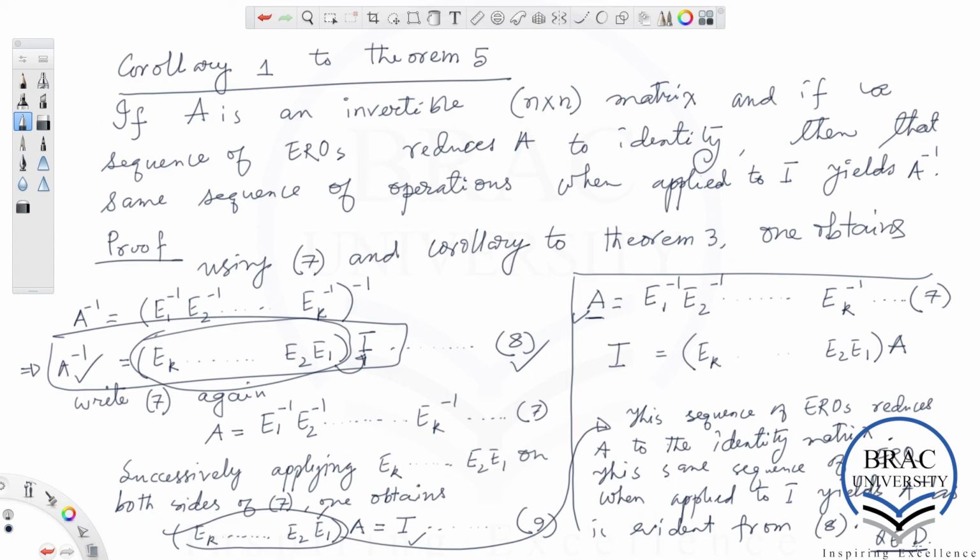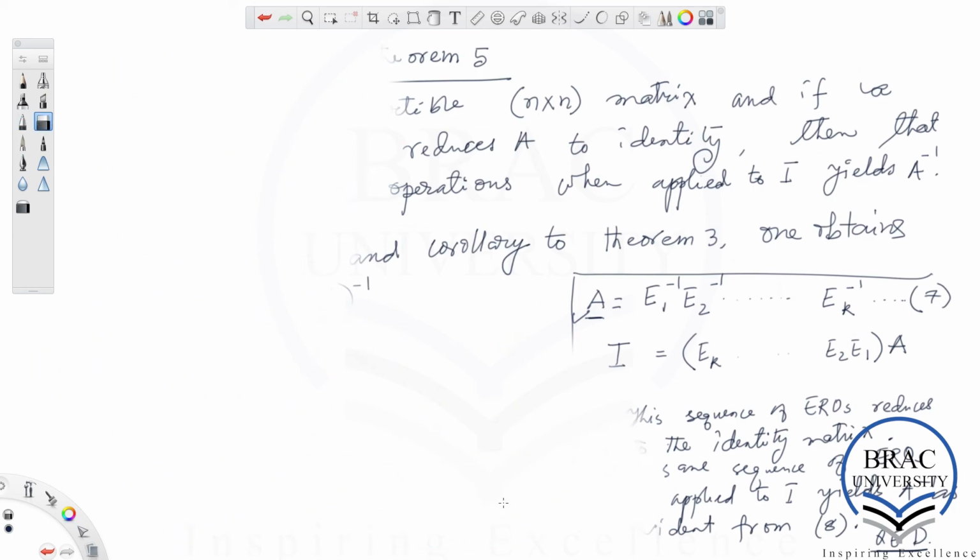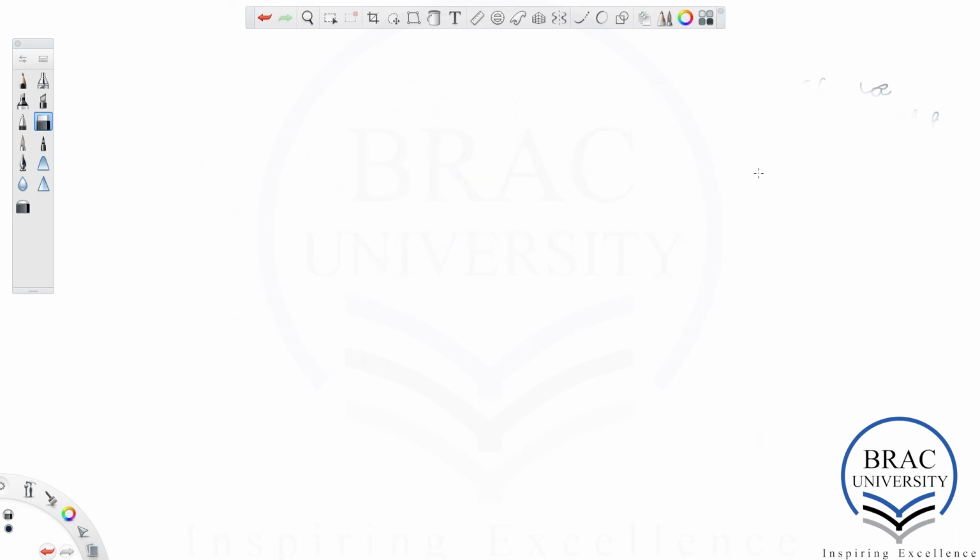Now we have a second corollary to theorem 5. Let me state it and prove it. This is corollary 2 to theorem 5.